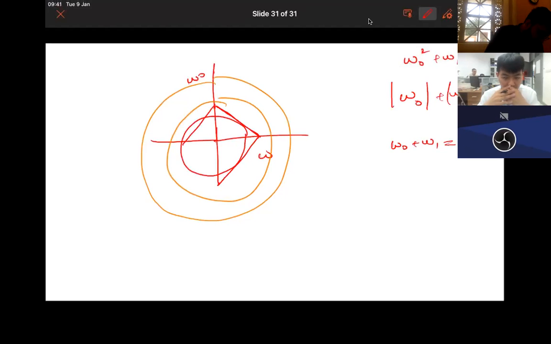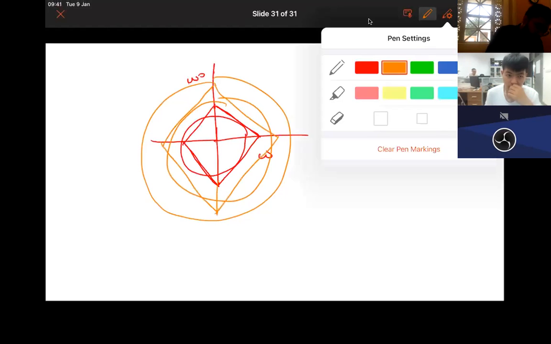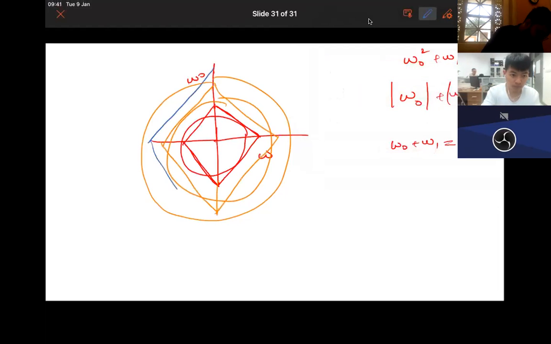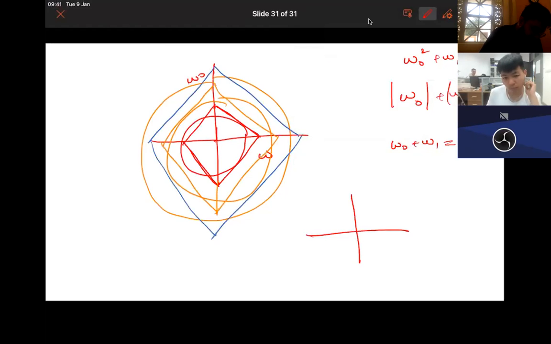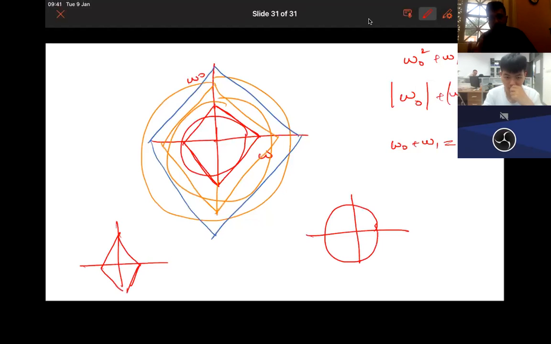It would turn out to be like a diamond. As you increase the value of C, this diamond becomes larger and larger. So two things: L2 regularization looks like a circle in 2D. In higher dimensions, it could be a sphere. And L1 regularization looks like a two-dimensional diamond. In high dimensional space, it would be an n-dimensional diamond.